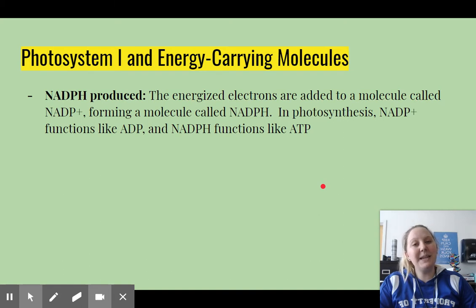Then NADPH gets produced. The energized electrons are added to a molecule called NADP+, forming a molecule called NADPH. NADP+ functions like a lower-energy ADP, and NADPH functions like a higher-energy ATP.